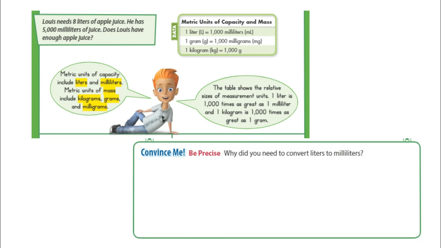So we need to put them in the same units. Here the information is given in both liters and milliliters. So it's necessary to convert them to the same units in order to compare them. So that is what we are doing today, is getting units into comparable measures.